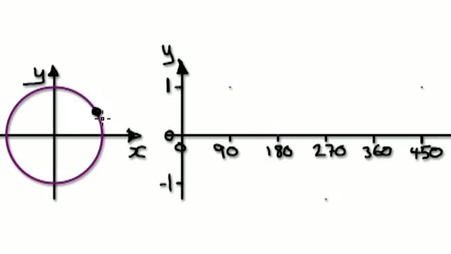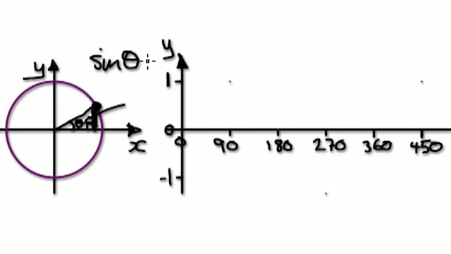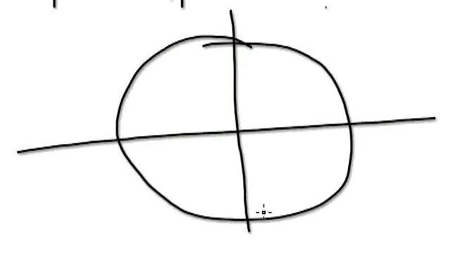If the point makes an angle of theta, we imagine there to be a vertical line down here creating a right angle triangle, and the height at any given theta is given by sine theta. Let's say this is your x and y axis.